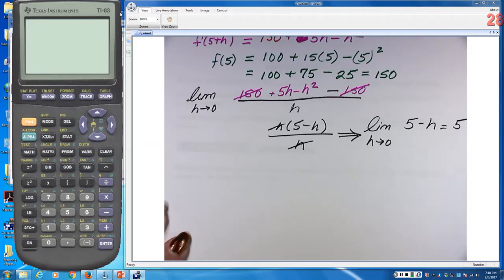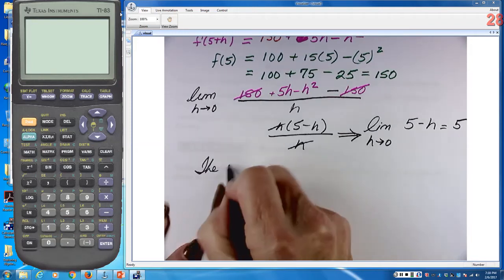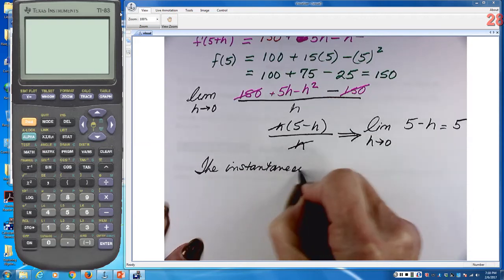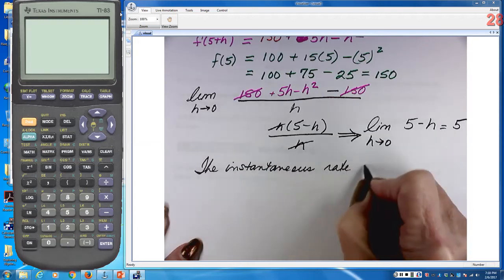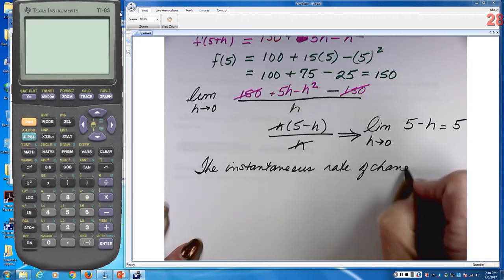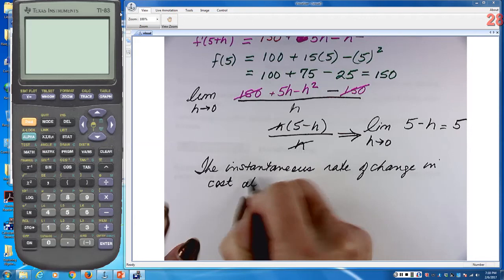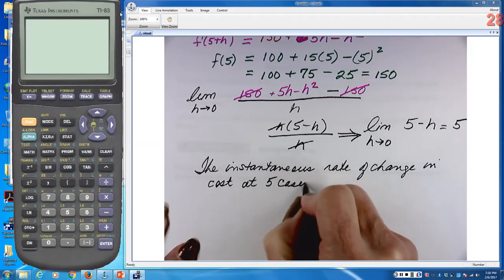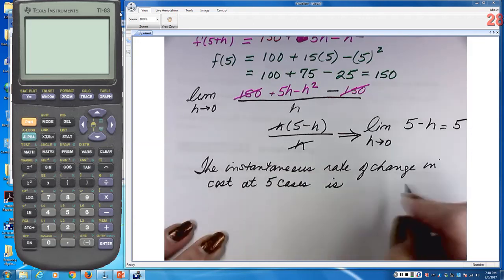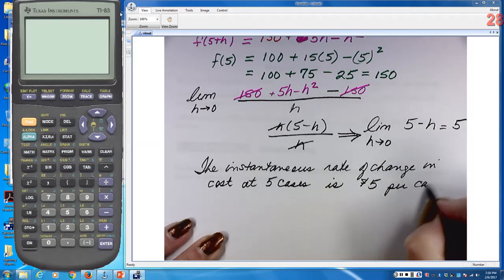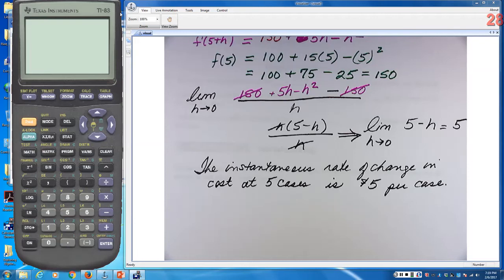And as before, the instantaneous rate of change in cost at 5 cases is $5 per case.